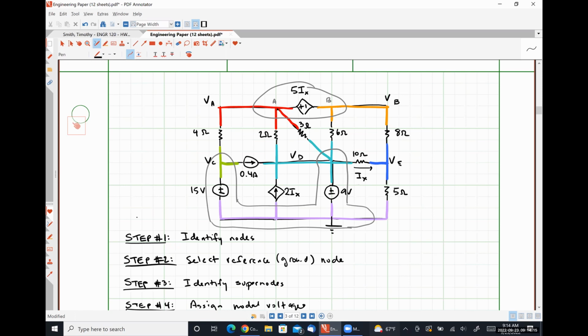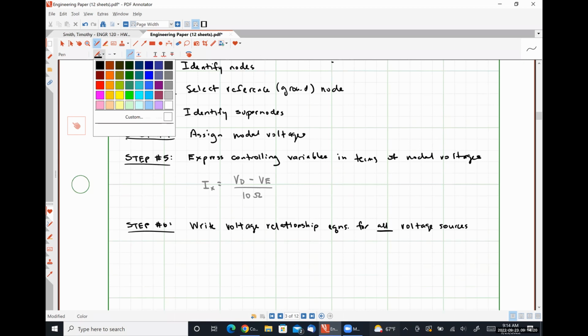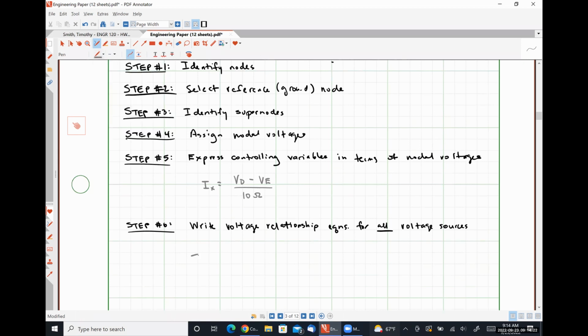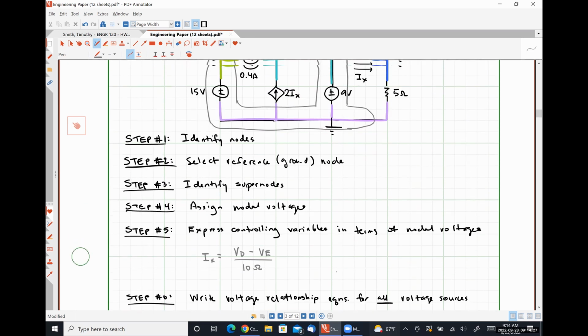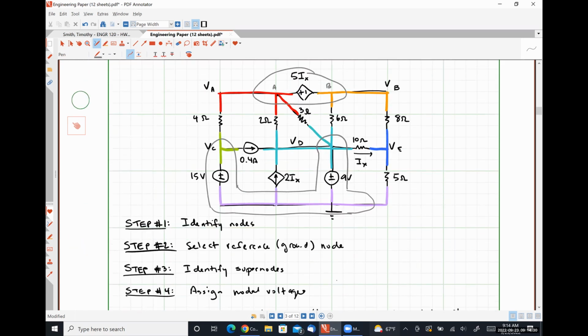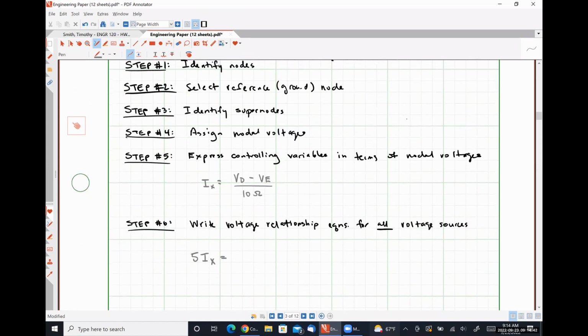So that top one is providing 5 Ix is equal to voltage at the positive polarity terminal, which is VA, minus the voltage at the negative polarity terminal, which is VB. So we would have 5Ix is equal to VA minus VB for our first equation. Yes.